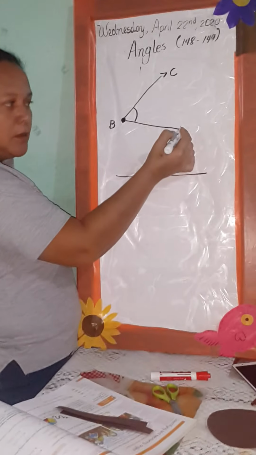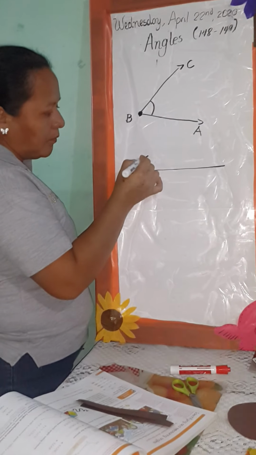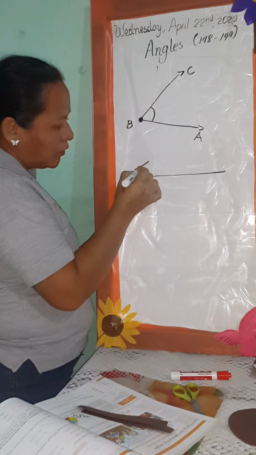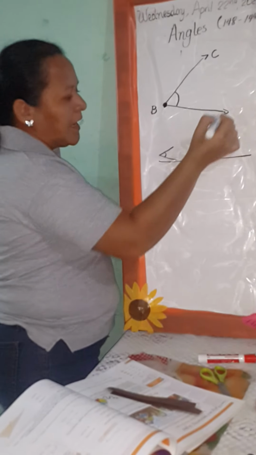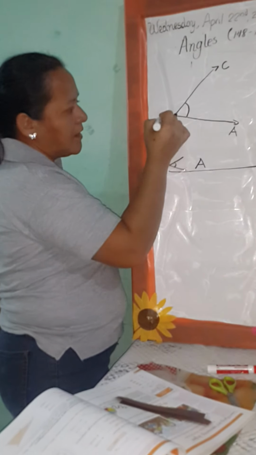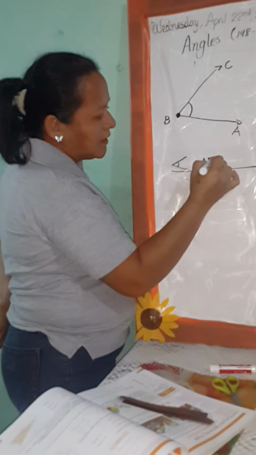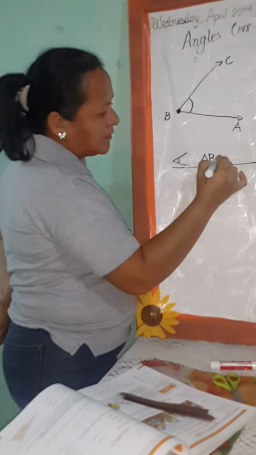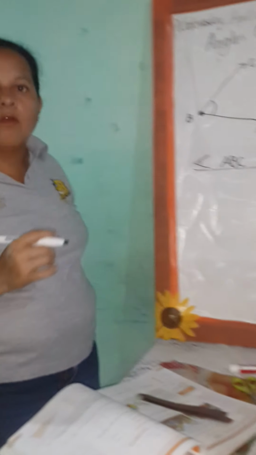Exactly here. At this vertex, we made a small draw to identify that we are reading the vertex. We start from here. A, this vertex name is B, and C. This is the way that you have to read the angle.